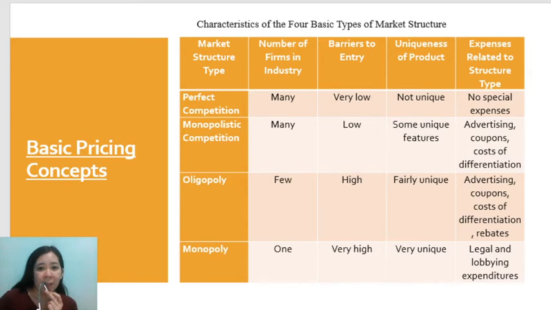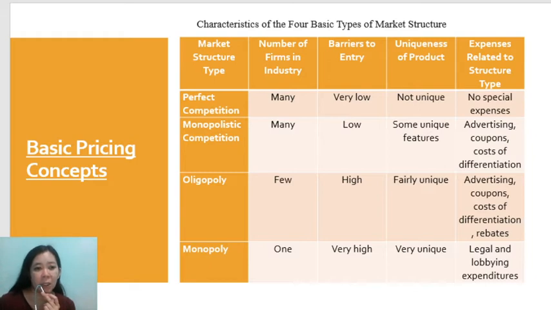Here we have the characteristics of the four basic types of market structure. We have the perfect competition, monopolistic, oligopoly, and monopoly. Here, the number of firms, barriers to entry, uniqueness of the product, and expenses related to structure and type.